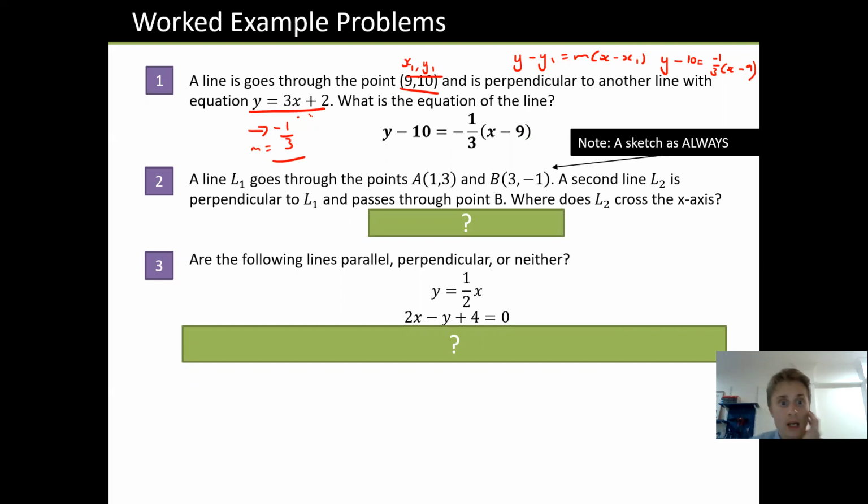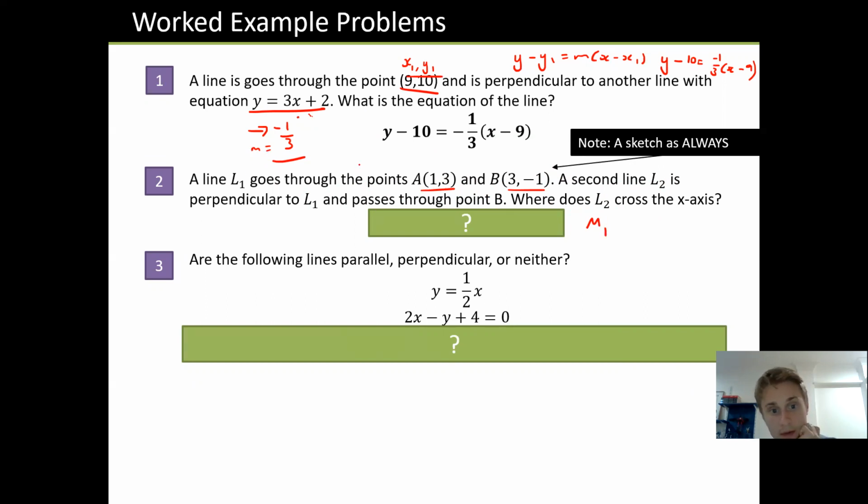Okay. Line 1 goes through 1, 3, and this one here. So my gut instinct tells me to just find the gradient straight away with this one. A second line is perpendicular to this line and passes through this. Where does line 2 cross the axis? Right. Let's talk about line 1. So I'm going to start by finding the gradient.